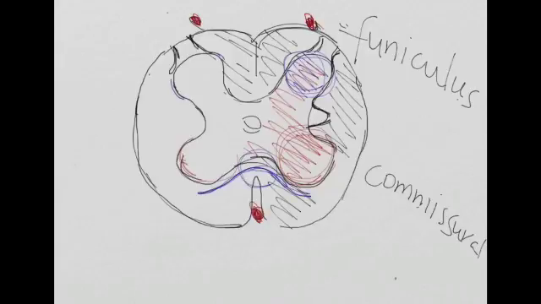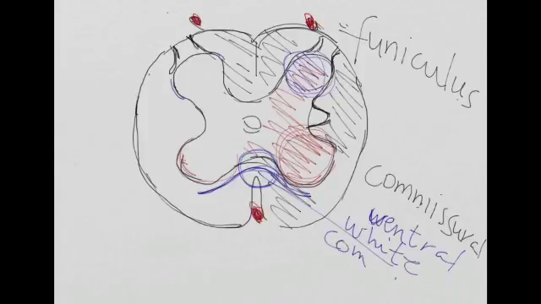So this area is the ventral white commissure.